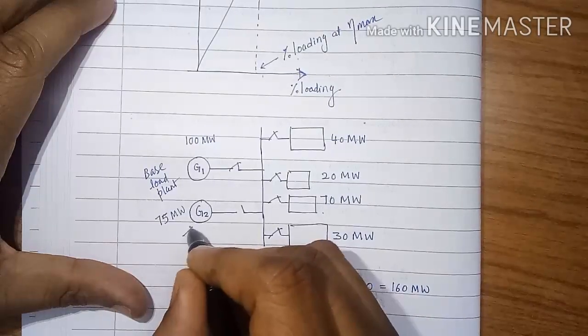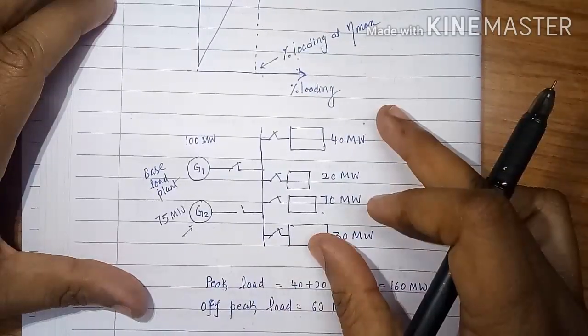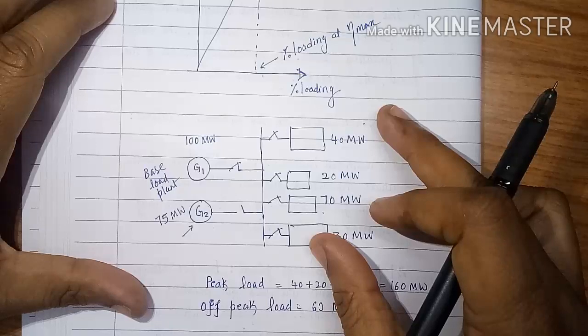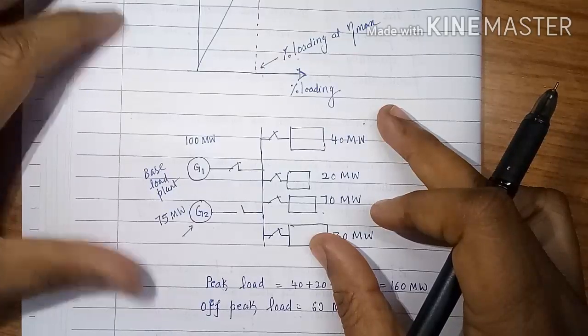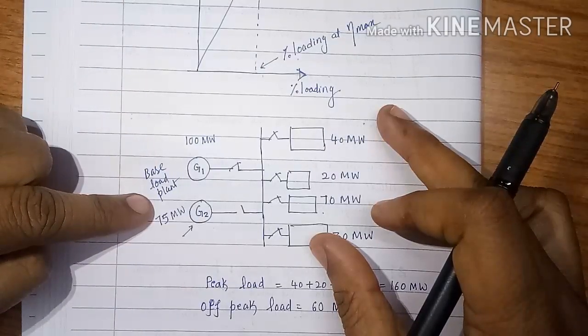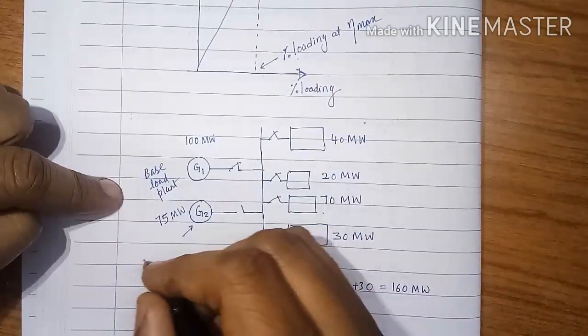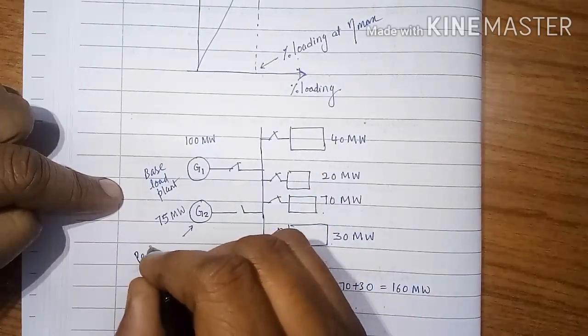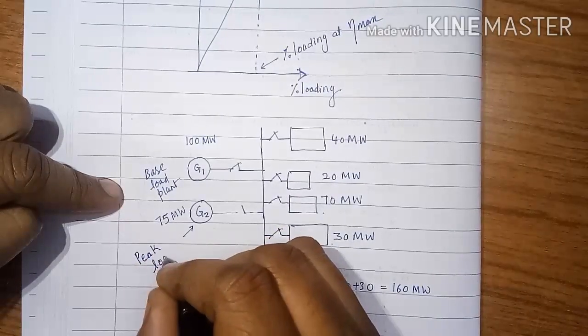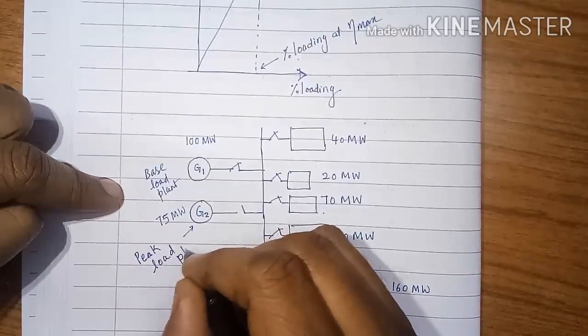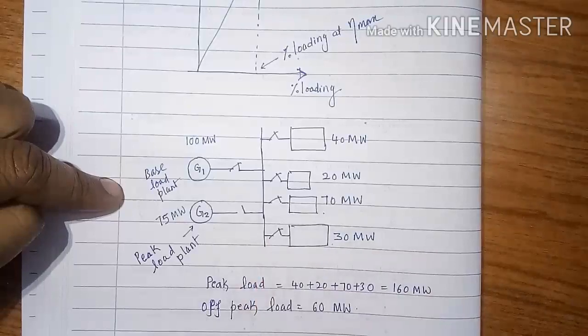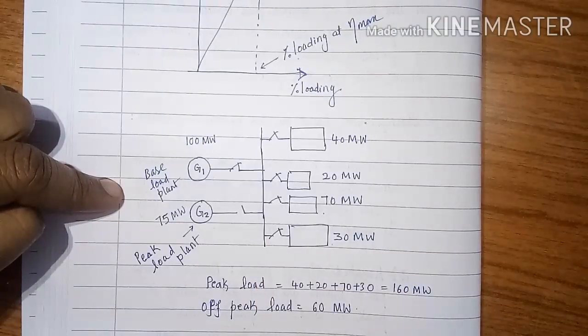So now the second generator brought here, when the load has increased above certain fixed load called as base load, that generator is called as peak load plant generator or peak load plant.